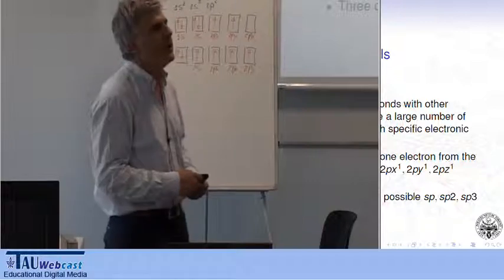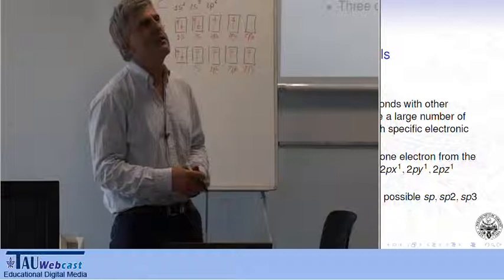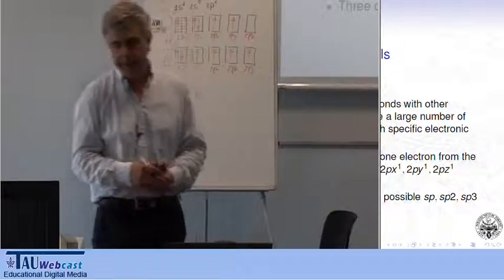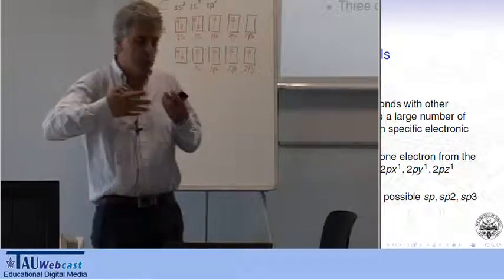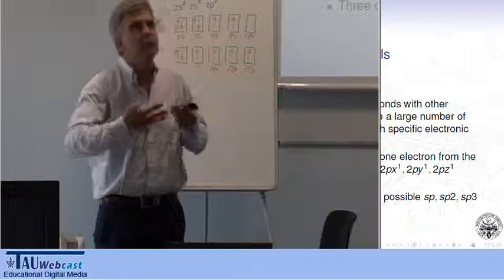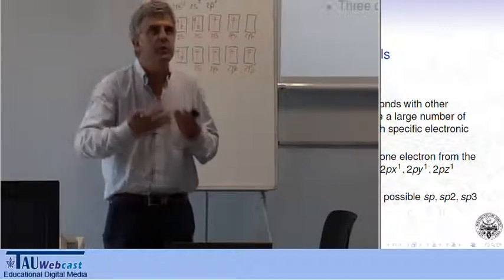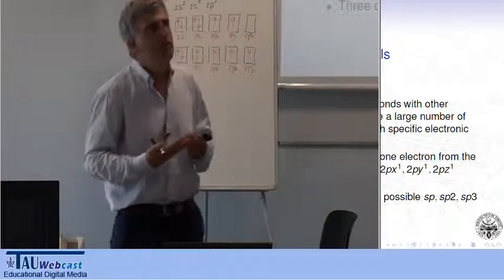What is a hybridized orbital is not different from the hydrogen molecule. In other words, you have to combine 2s and 2p orbitals, producing new shapes for the hybridized orbital.